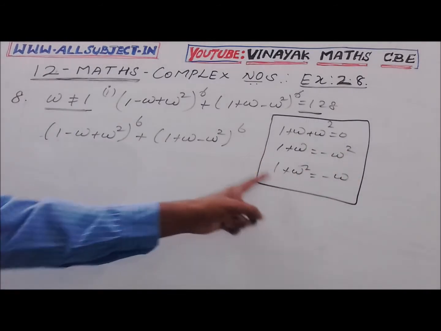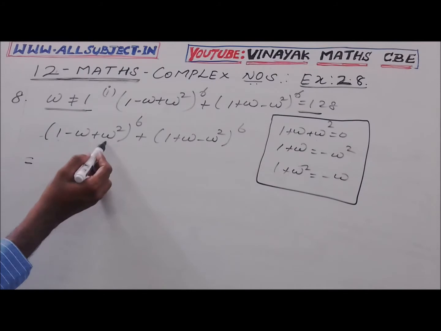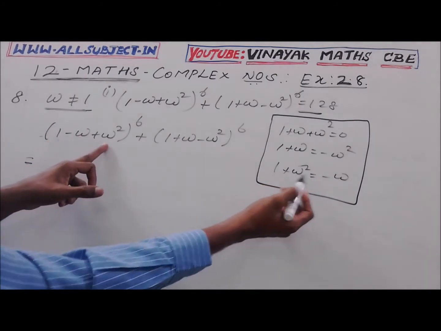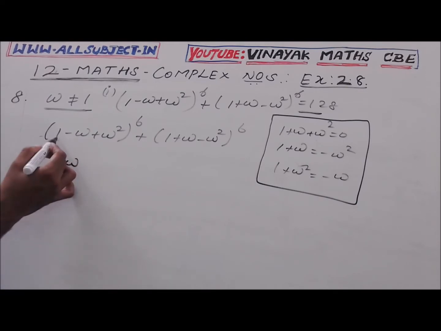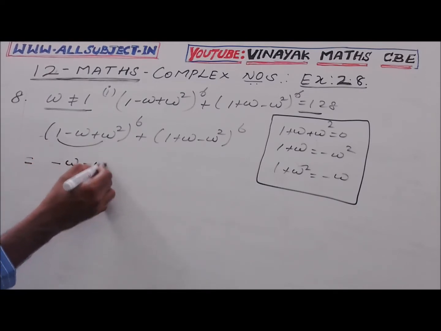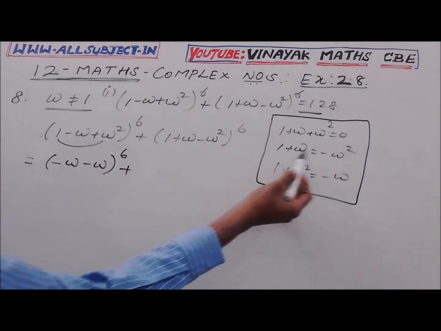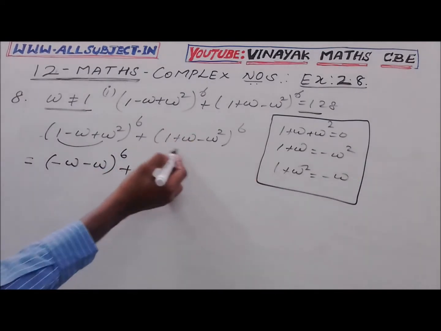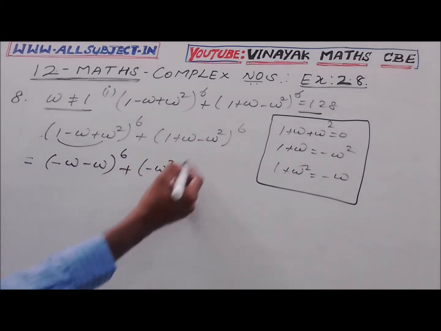By substituting these two values within the bracket, 1 plus omega square will turn as minus omega, so we already have minus omega here, and the bracket becomes (minus omega) whole power 6 plus, for 1 plus omega, minus omega square whole power 6.